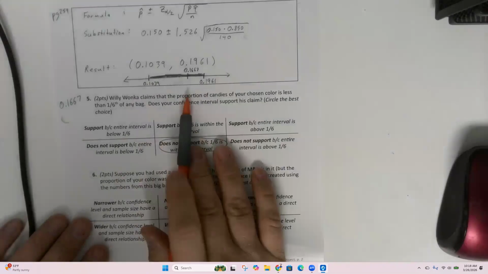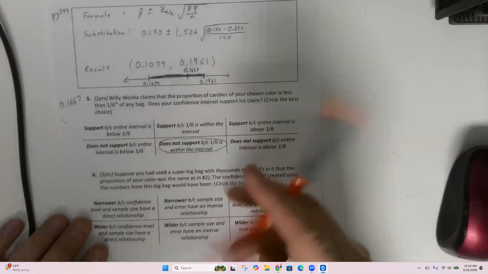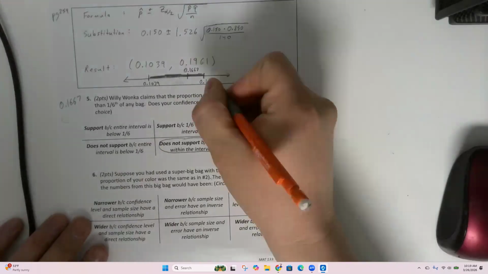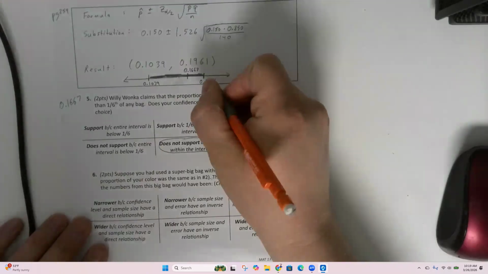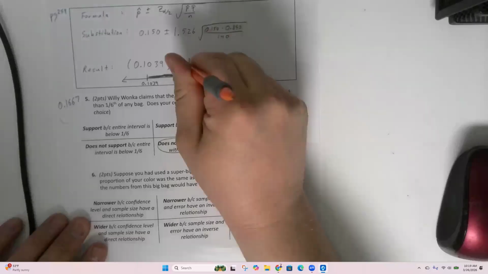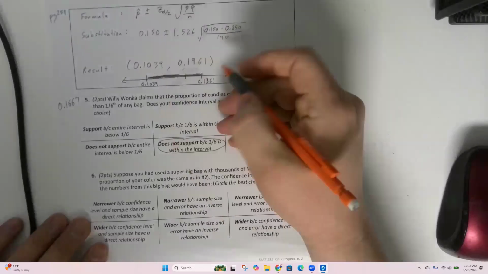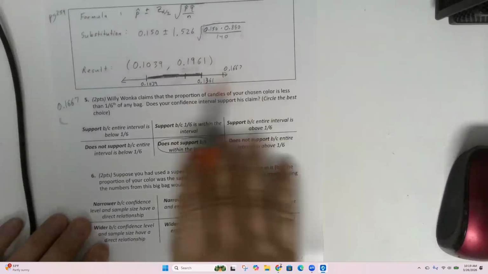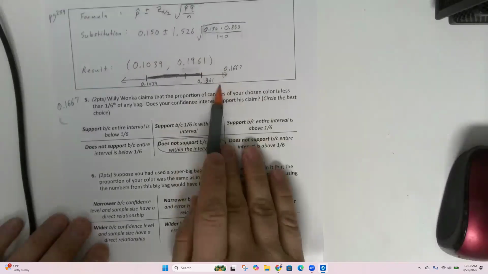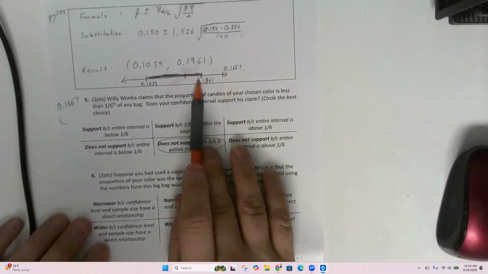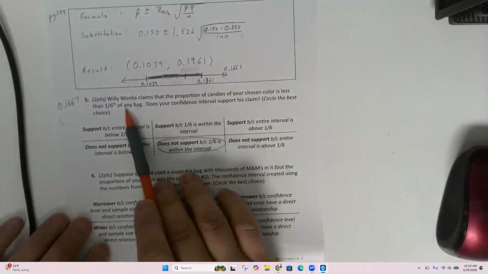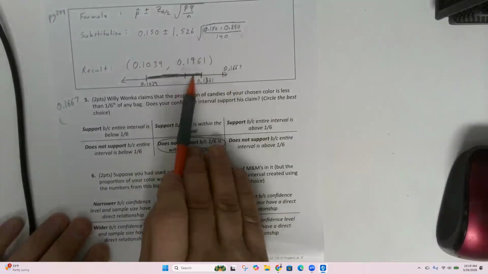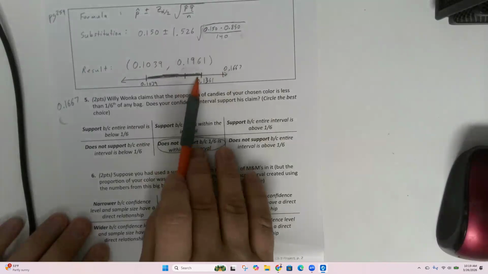Now, for you guys, maybe your upper limit is not 19%. Maybe your upper limit is 13%. Then this 16% is not in the range, it's over here. If that happens, then he's claiming that the true value is less than 1/6, and you don't know where in this range it is, but the entire range is less than that.